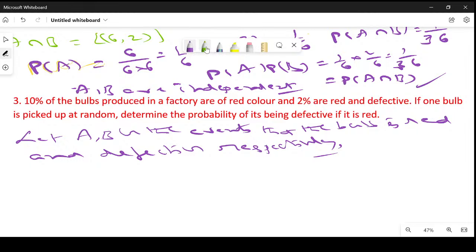I have taken A, B be the events that the bulb is red and defective respectively.